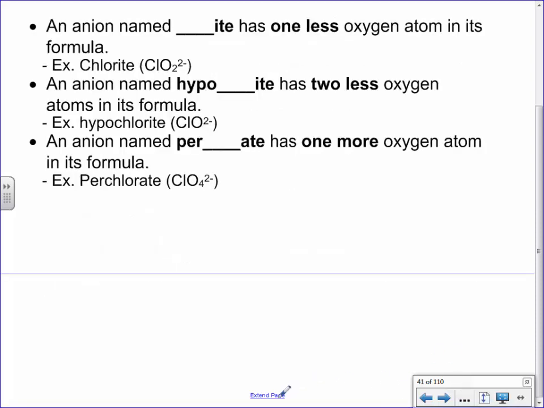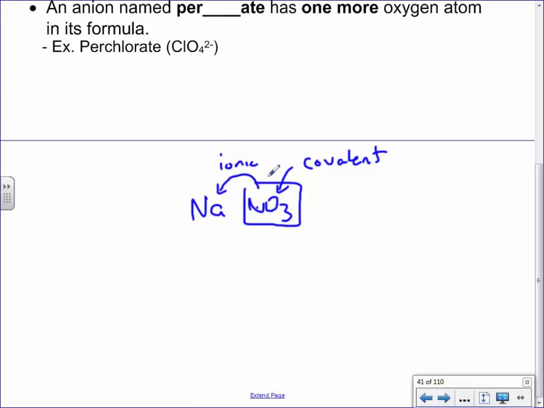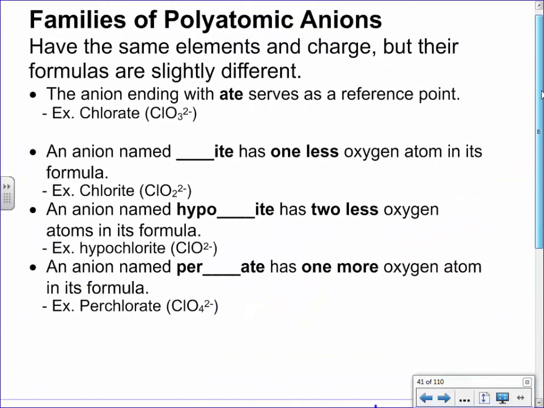So if I ever give you the formula NaNO3, which would be sodium nitrate, the nitrogen and the oxygen to each other are covalently bonded, and then all of those are bonded to the sodium ionically. That makes sense? So that's why I'm throwing polyatomics now in the covalent column, because we can change those up a little bit.